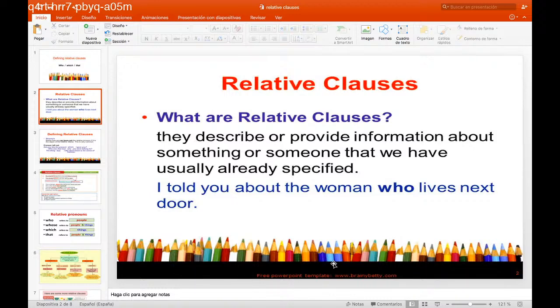When we talk about relative clauses, we are not going to repeat the subject or the object of my sentence. As an example, it says, I told you about the woman who lives next door.